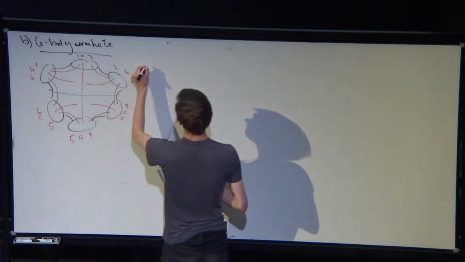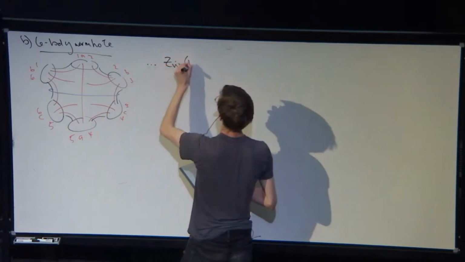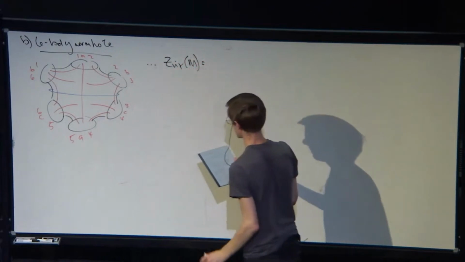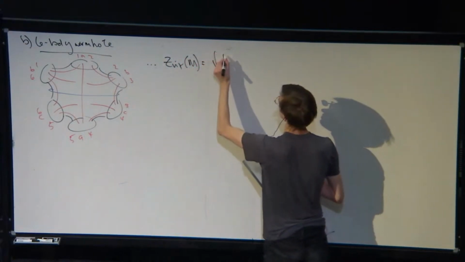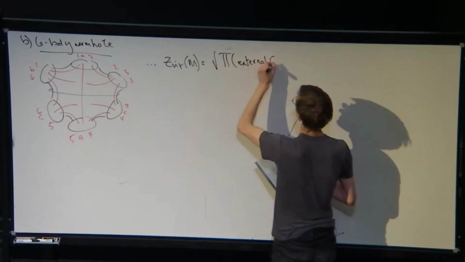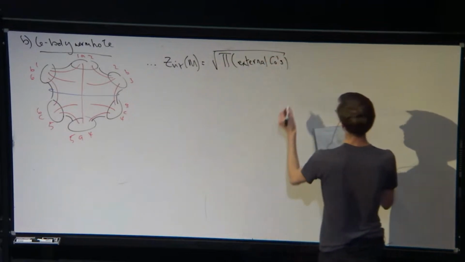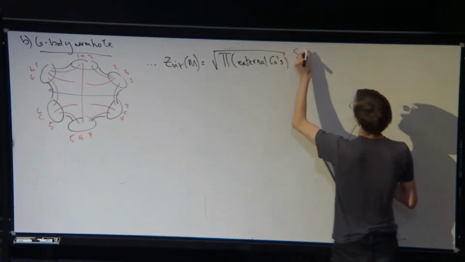that the result you get is equal to, again, the product over external C0 factors. Let me avoid writing them. Times this product of 6J symbols.